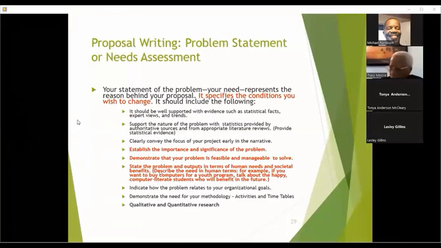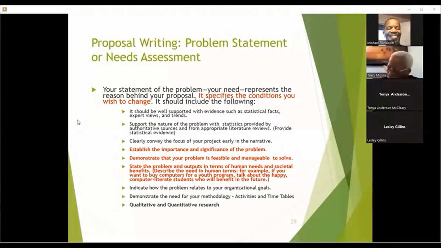For example, if there are students who don't have the means to afford art materials, and as a result of that they're being devalued, that will be the problem you want to solve. Or if you're saying that teenage pregnancy is a problem, or gun violence is the problem, you need to identify what the condition is that you want to change.